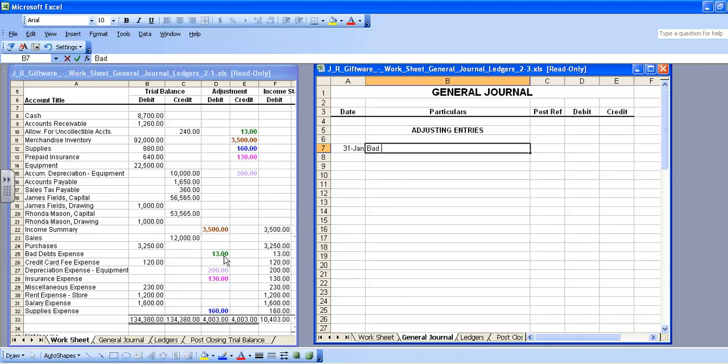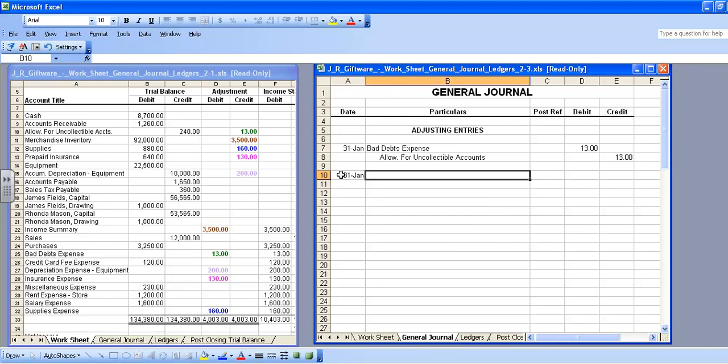In our general journal we're going to type bad debts expense, and that amount is in the adjustments debit column, so we're going to put the total in the debit column. Then we need to find the matching credit, and the matching credit is allowance for uncollectible accounts, and that number is in the credit column.